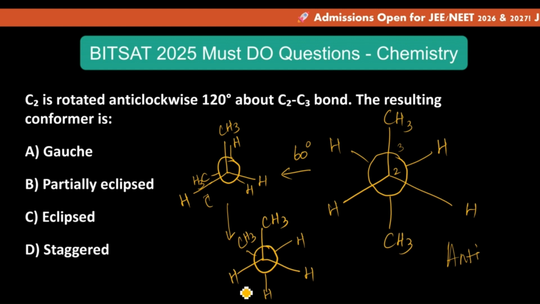So what is the name of this conformation? The CH3 groups are nearer to each other, which makes it the gauche conformation. Okay.